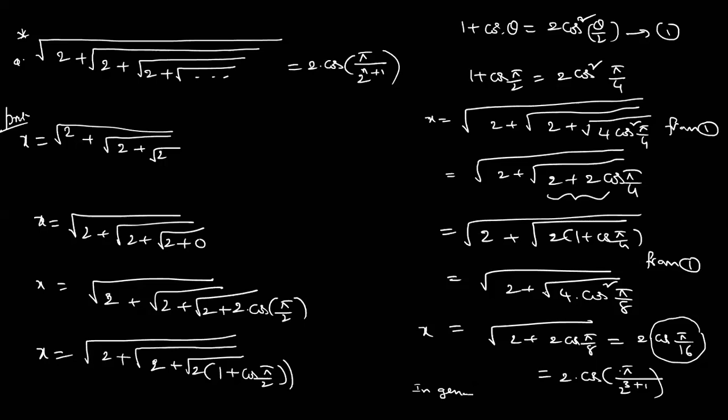So in general, root over 2 plus root over 2 plus, and so on, is 2 into cos of pi by 2 power n plus 1. As it is, write down once again. See, this is the formula. Of course, proof is not required, but I'm giving.